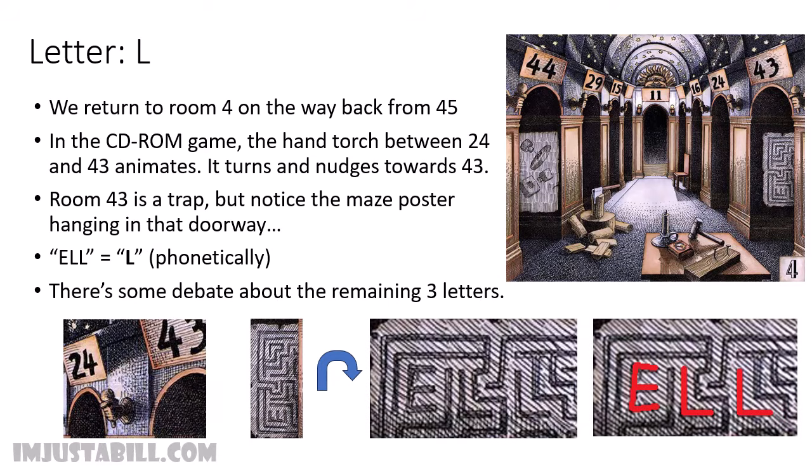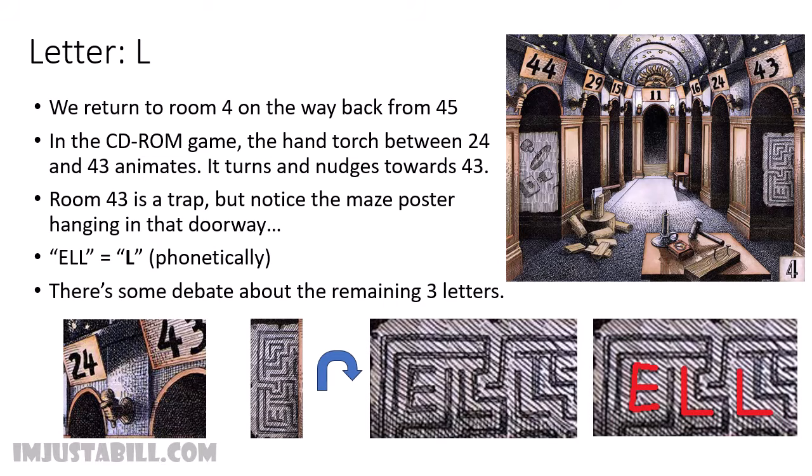And the one that's second to the right, the one between the exits to 24 and 43, both trap rooms, is nudging itself towards 43, which is a trap room, but I think it's more so nudging itself to draw our attention to the map of the maze, the maze poster that's inside the doorway.